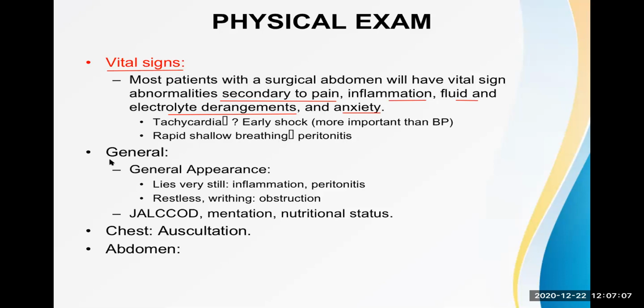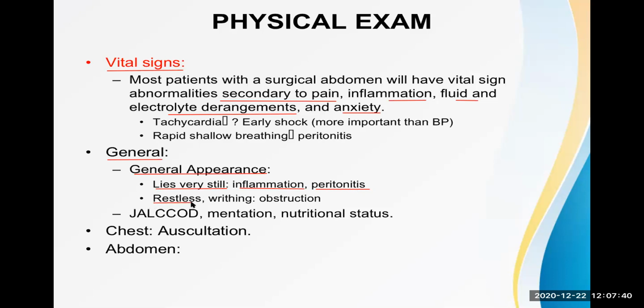Now, regarding the general examination, first is the general appearance of the patient. If the patient is lying very still on the bed, not moving at all, then we suspect there is active inflammation going on inside the abdomen, and maybe it's a case of peritonitis. Already talked about, in case of peritonitis, during movement there will be pain, so to avoid the pain, the patient lies very still.